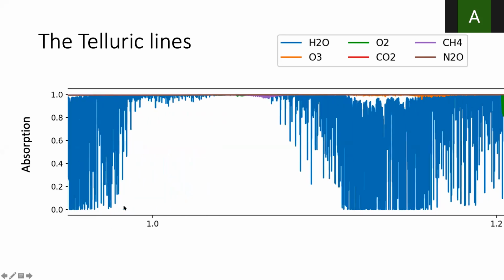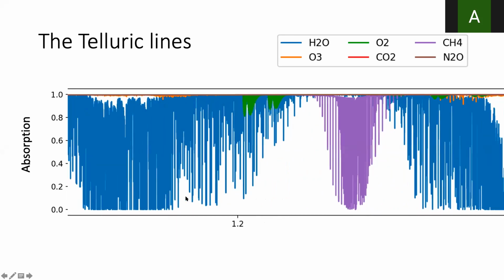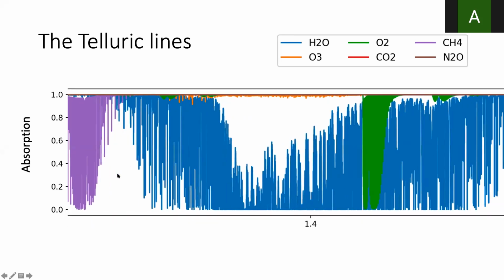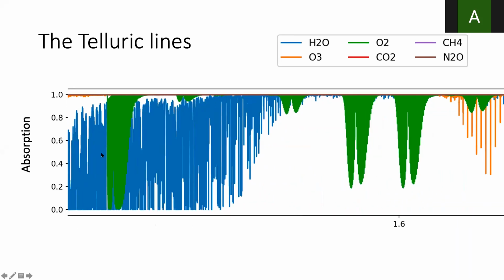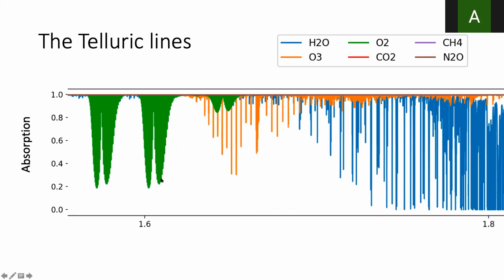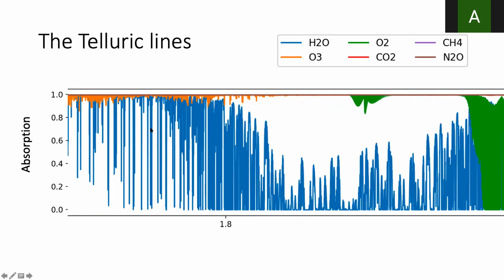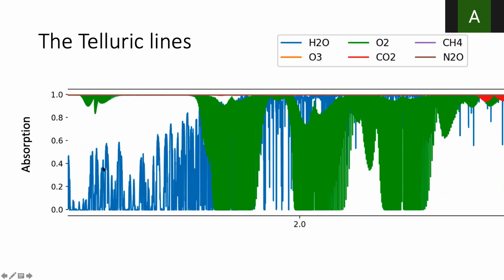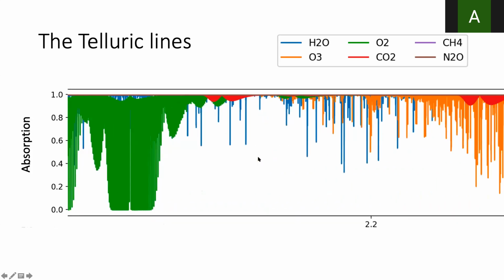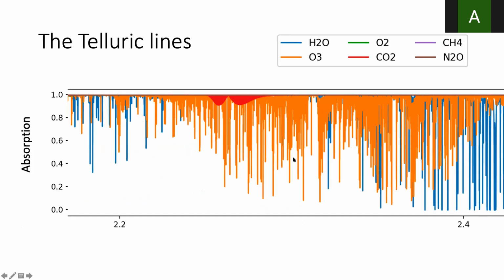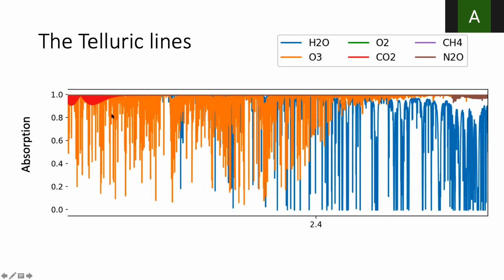And if we scan the whole bandpass, you can see that there is some methane absorption, some oxygen O2 absorption, ozone, a lot of big absorption bands, again ozone, and some CO2 lines here.